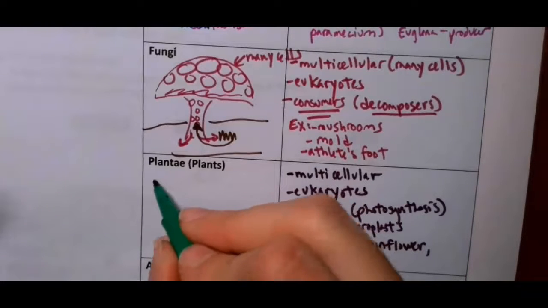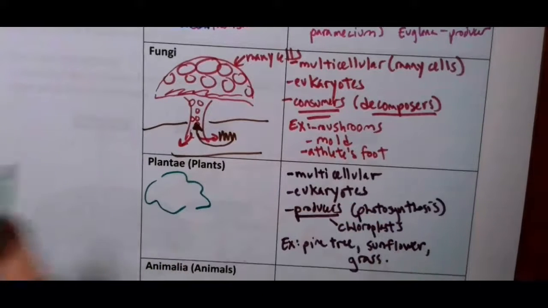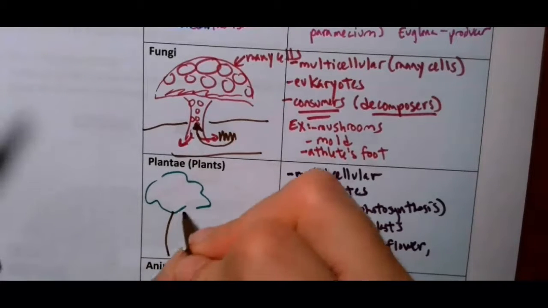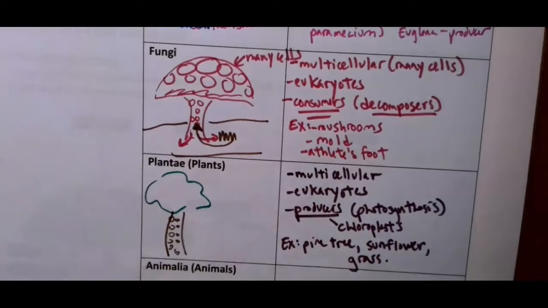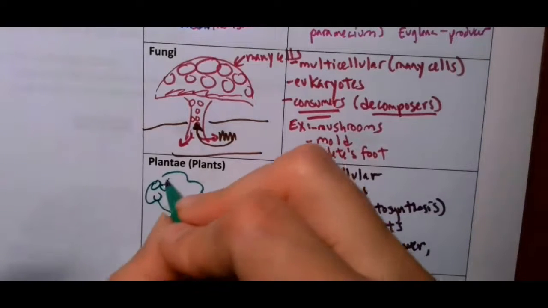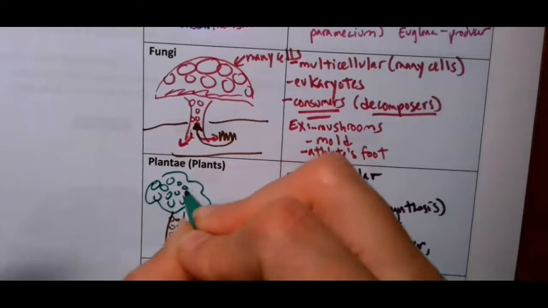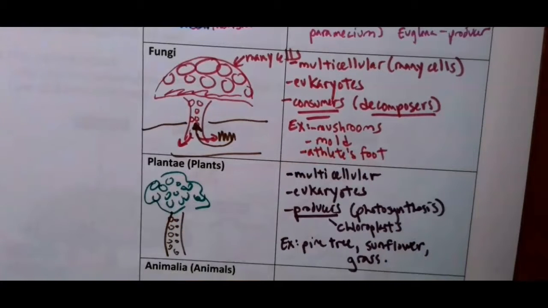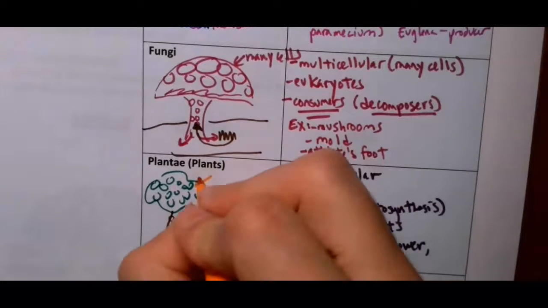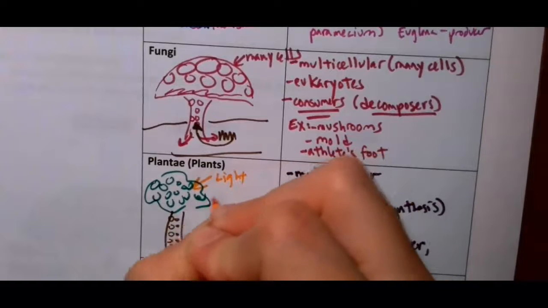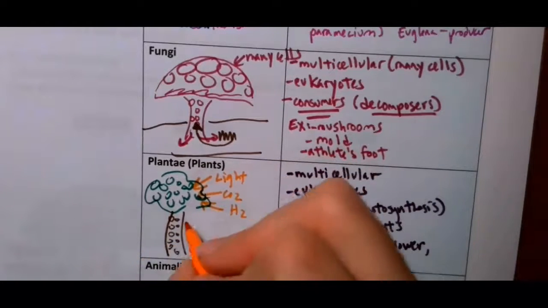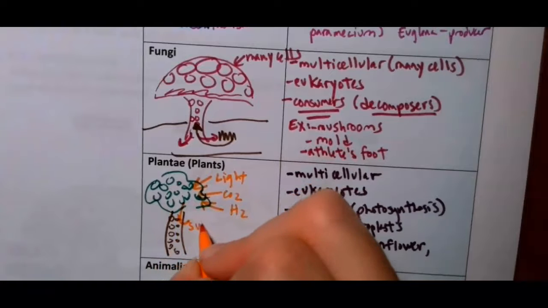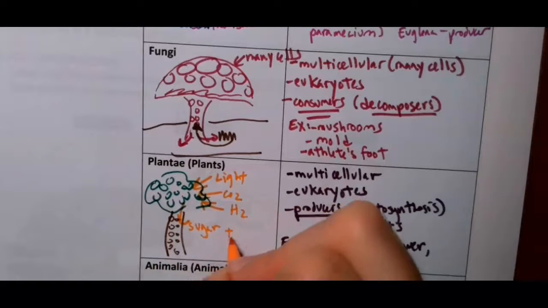So if you think about a tree, okay, they're made up of many cells, and their cells take in light, they take in carbon dioxide, they take in water, and they produce sugar, glucose, and oxygen.